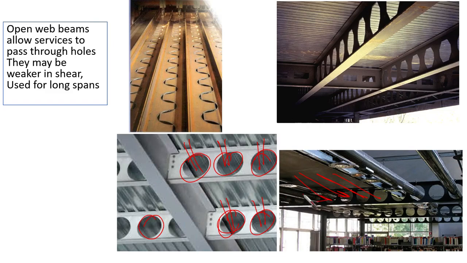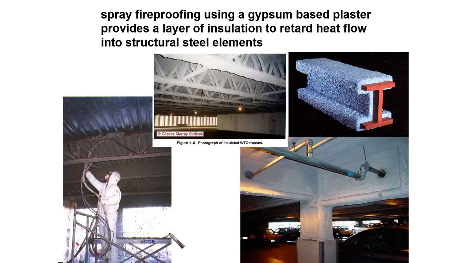As you can see here, we have pipes going through these holes. They may be weaker in shear, but they are very good for carrying only gravity loads, whatever the roof loads are, and then transferring them through shear connection to the main girders. These are common shapes that you can see in different places.